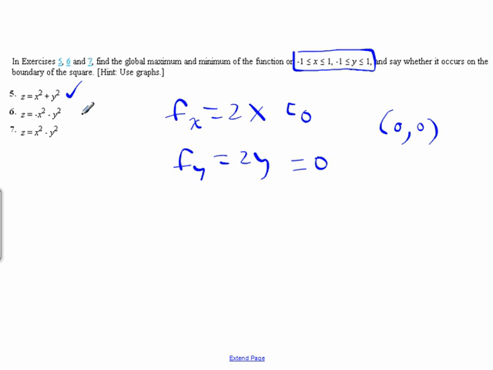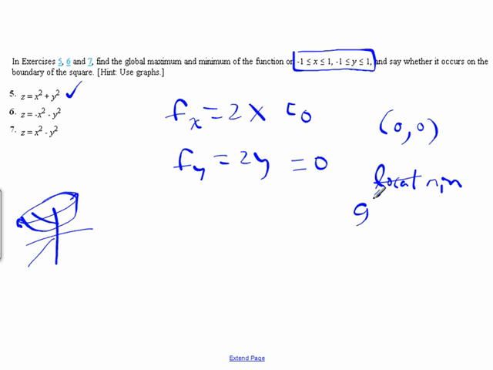And we know that because of this shape that that's going to be a local min. Sorry, not a local min, but a global min.